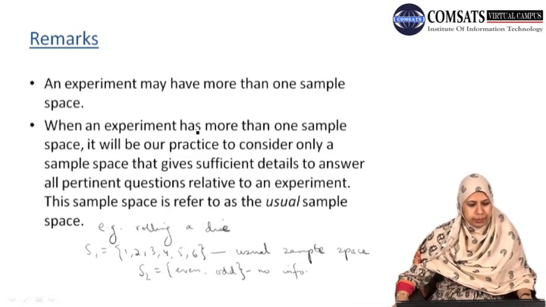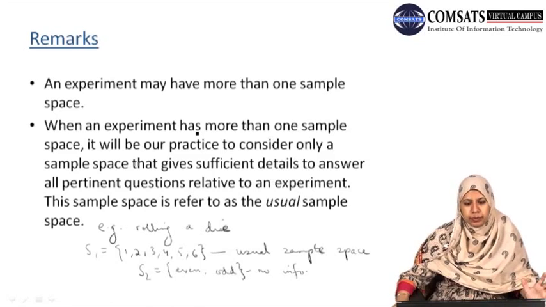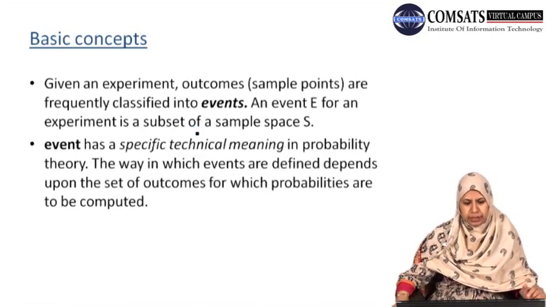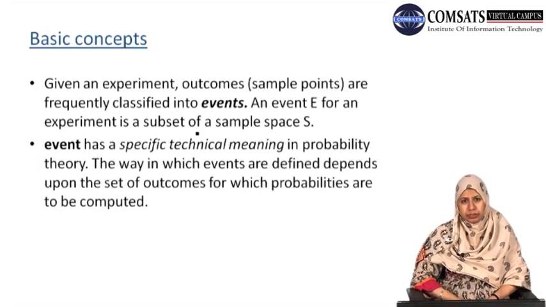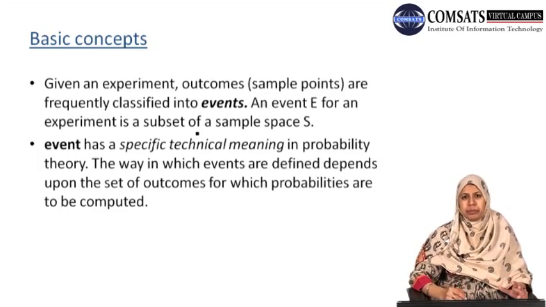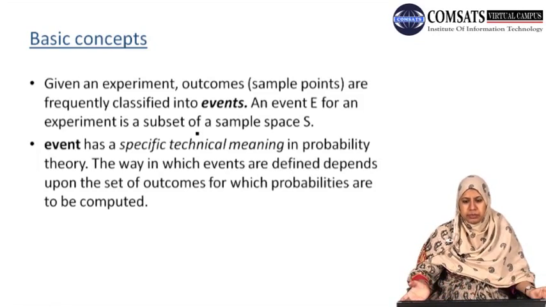Now we define another concept related to the sample space, which is called an event. We are given an experiment, then the outcomes or the sample points are frequently classified into events. That is, we have a sample space, let's say the example of rolling a die, and this sample space has 6 outcomes.